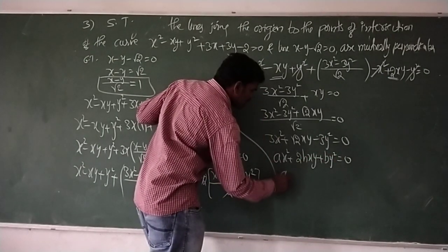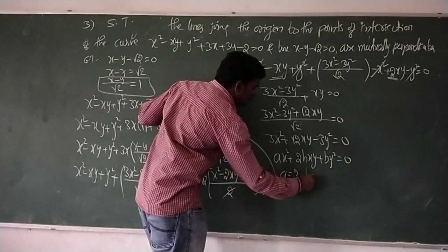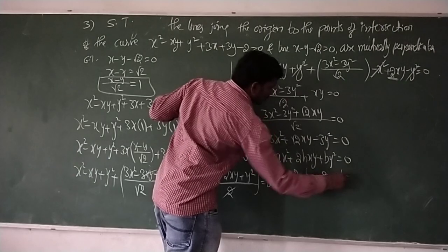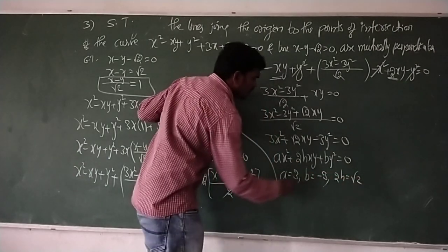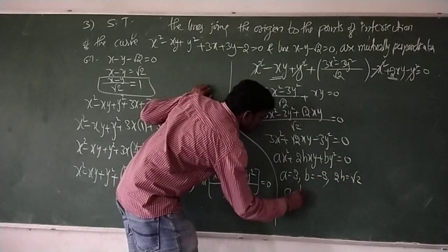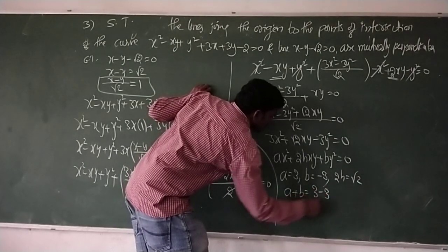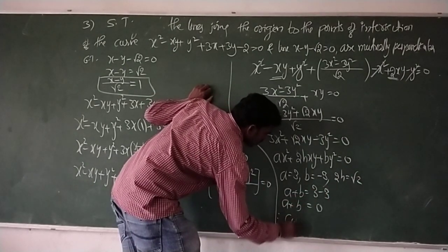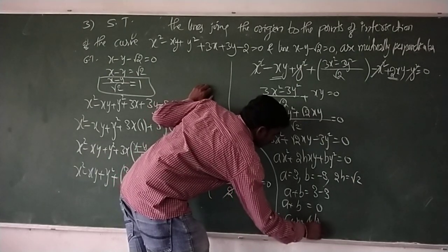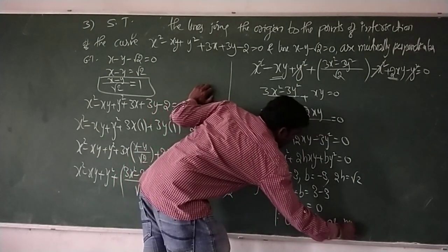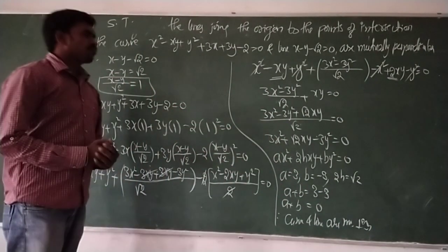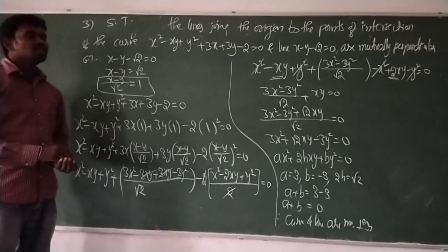Then what is a? a equal to 3, b equal to minus 3, 2h is equal to root 2. What about a plus b? So a plus b equal to 3 minus 3 equal to 0. So a plus b equal to 0 means therefore the curve and line are mutually perpendicular. Must write the condition clearly. So in this way we should express the solution.